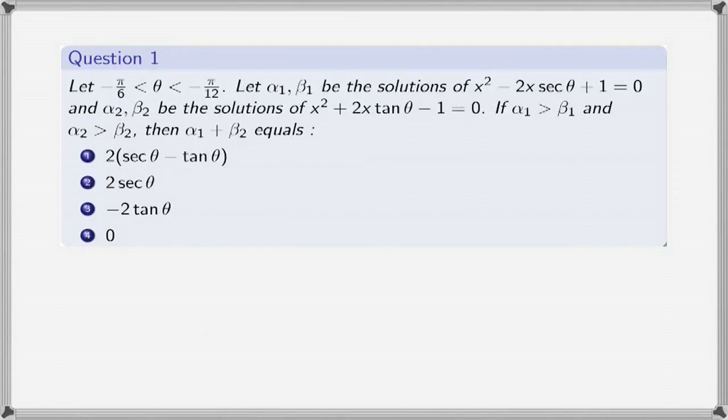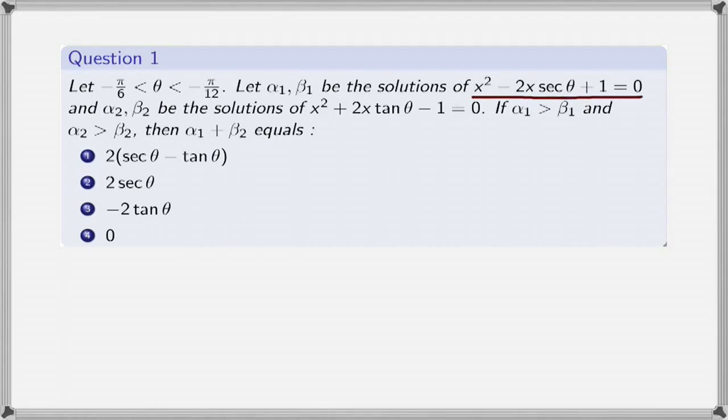In this question, we are given that theta is an angle which is strictly between minus pi by 6 to minus pi by 12. So from here we know that theta lies in the fourth quadrant. We are told that alpha 1 and beta 1 are the solutions of the quadratic equation x square minus 2x sec theta plus 1 equals to 0.